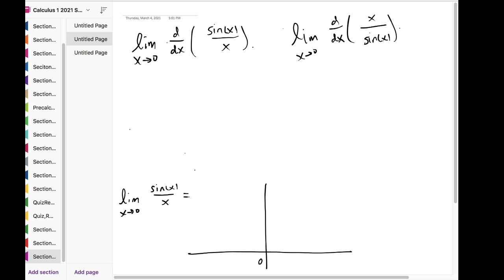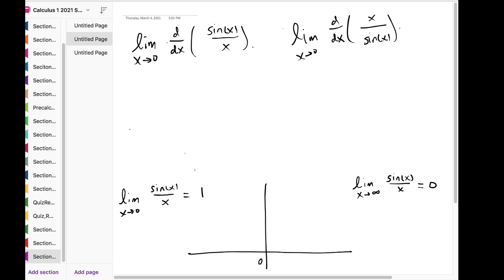Yeah, it's 1. And if you think about it, you do this by squeeze theorem. What's the limit as x approaches infinity of sine of x over x? Think about squeeze theorem when you answer. 0, yeah.